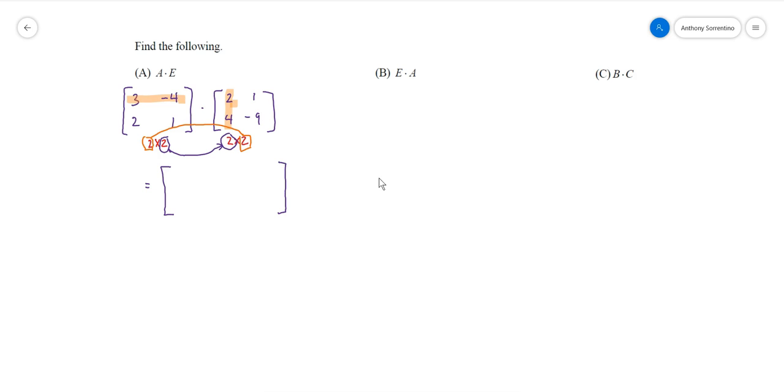So what I'm going to have here is the 3 times 2 plus the -4 times the 4. And maybe I'm going to move this out a little bit if I can.